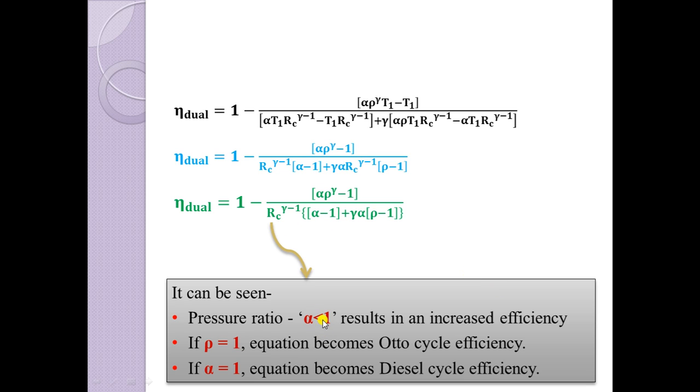But if the alpha value is less than 1, we can increase the efficiency of the dual cycle. But when it becomes equal to 1, the expression becomes the diesel cycle efficiency expression. So these are the observations we can make on the dual cycle thermal efficiency expression.